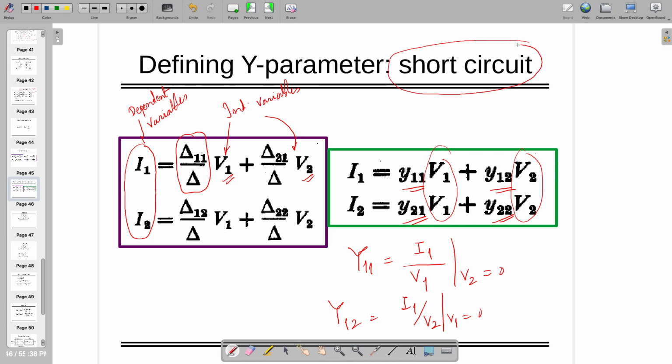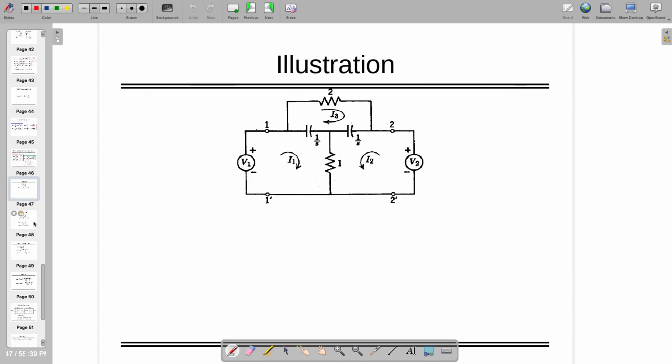So, like Z parameter, where you make the currents open and call that open circuit analysis, this will be known as short circuit analysis, because V1 or V2 will be 0. And you can have Y11, Y21 and all such parameters.